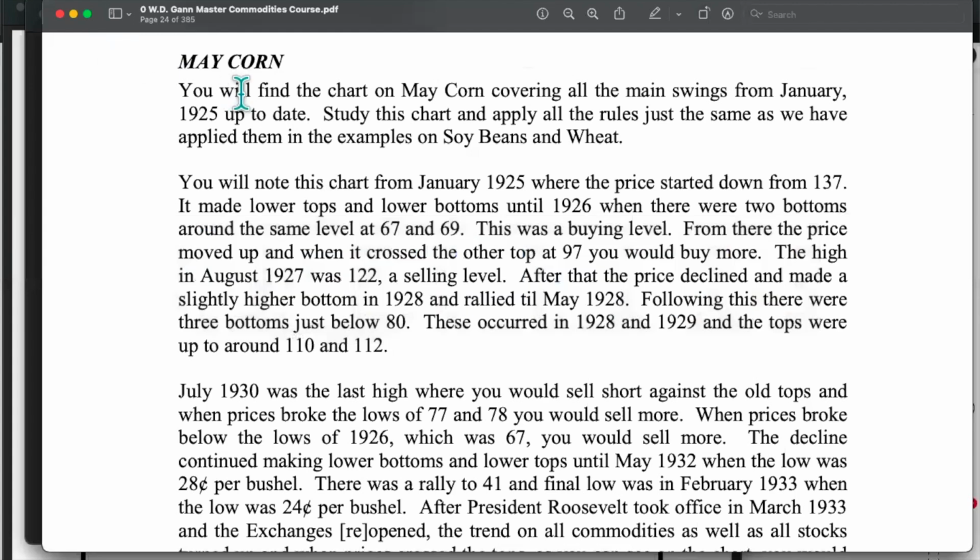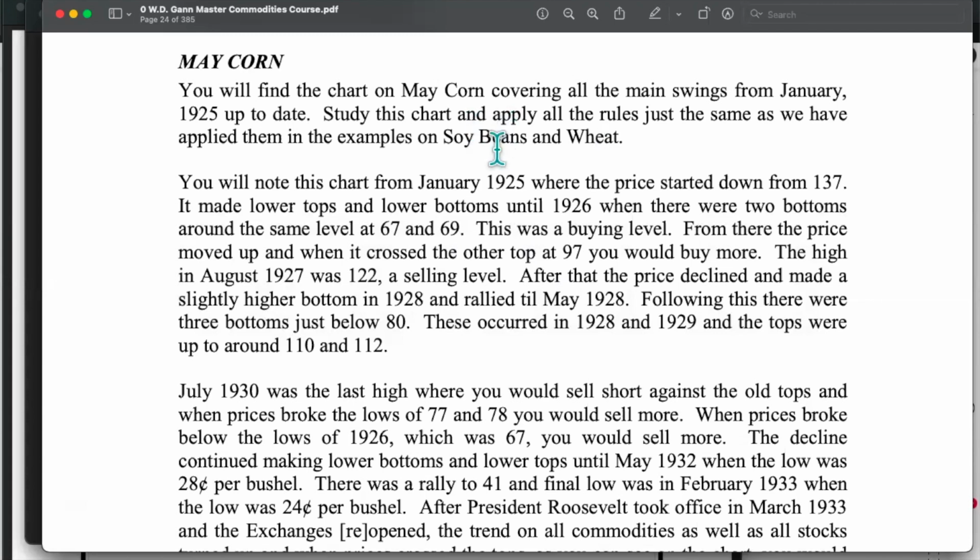So we come to the theory part, which is Macon, and see how the structure of the market is. Let's start from here: you will find the chart on Macon covering all the main swings from January 1925 up to date, that is 1954-55. Study this chart and apply all the rules just as we have applied them in the examples of soybeans and wheat.